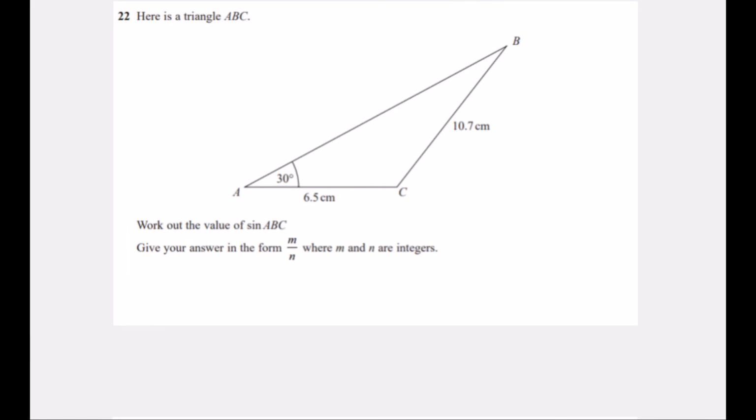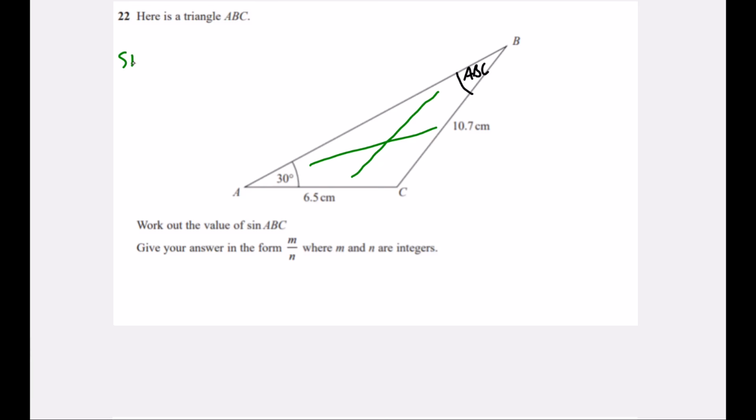Question 22. Work out the value of sine ABC. Give your answer in the form m over n, where m and n are integers. So we're going to be using the sine rule, and the sine rule involves the opposites.